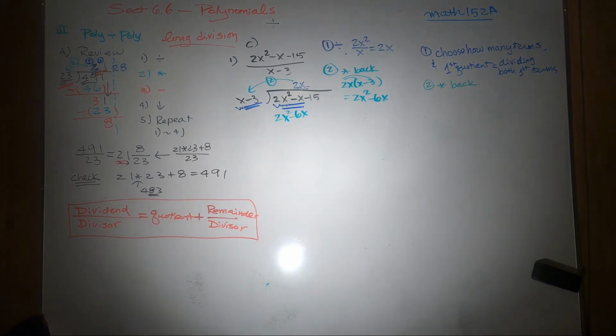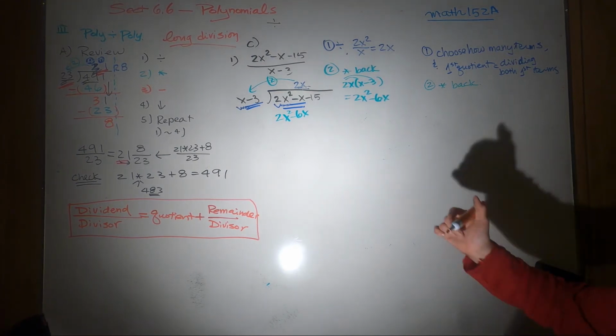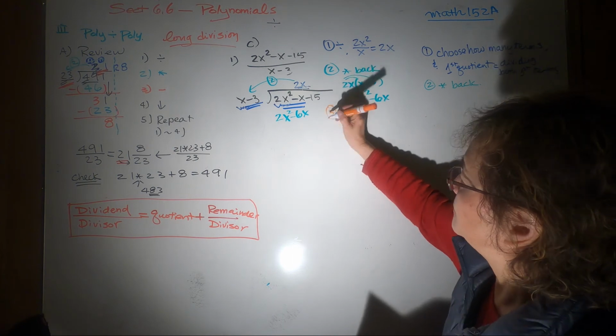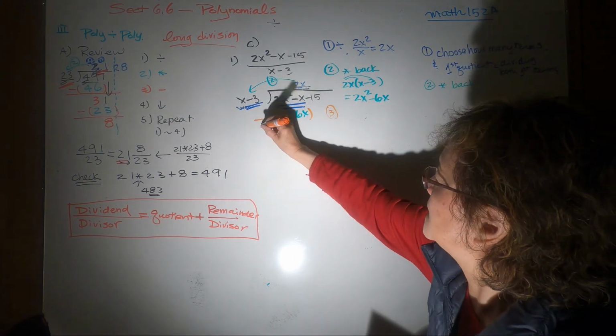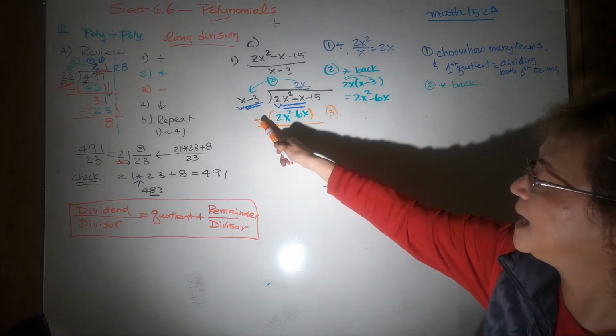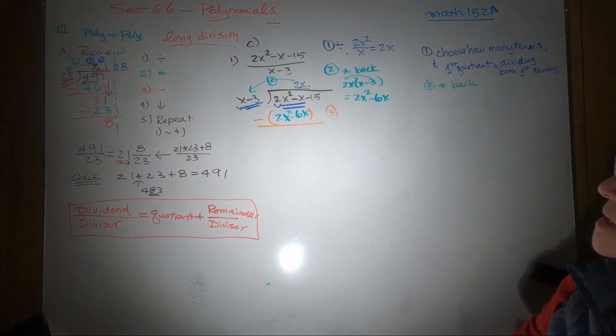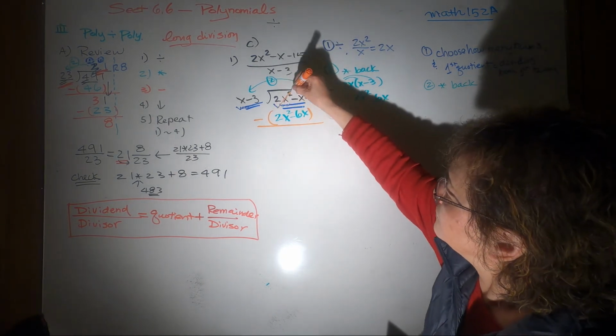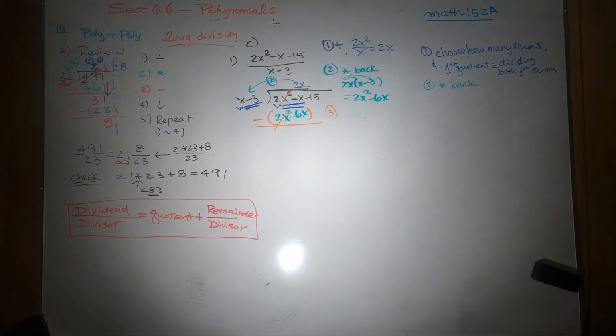Then what's the third step? Usually you make a mistake on the third step. We subtract the whole thing. Then what's the result? -x minus -6x. So the first term will be canceled.